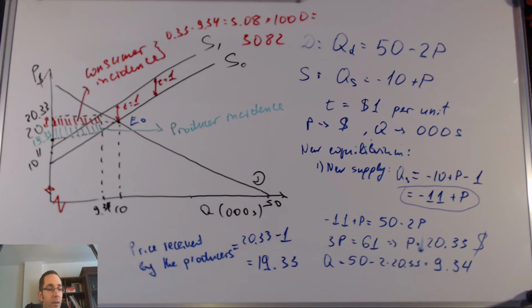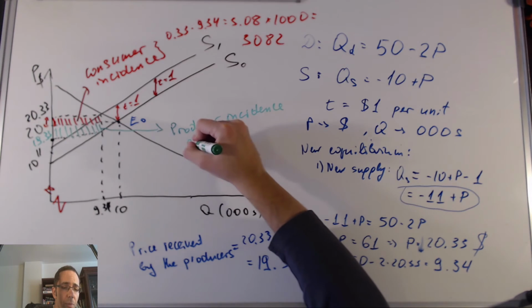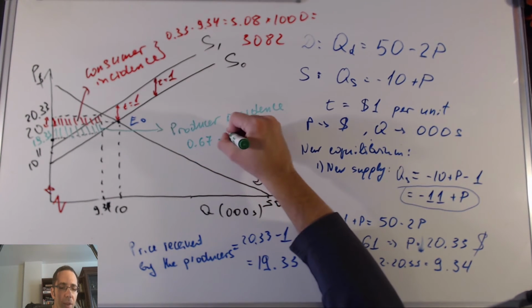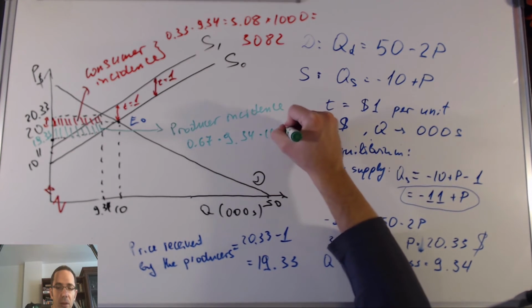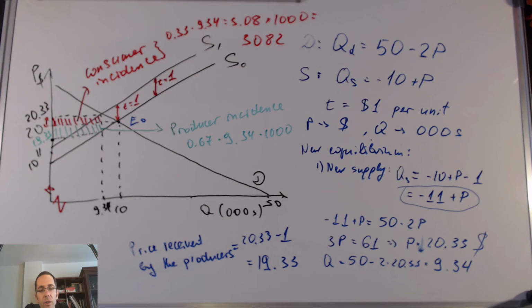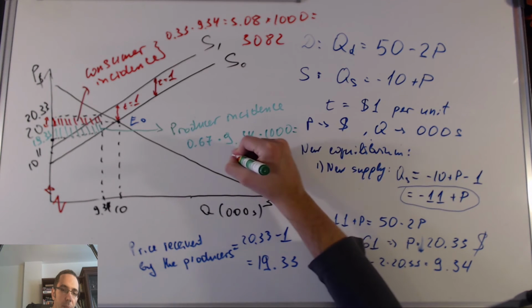But to calculate the amount of the tax paid by the producers, we'll do 0.67 times 9.34 times 1000, again to take into consideration the units, and this would be 6,258 approximately.